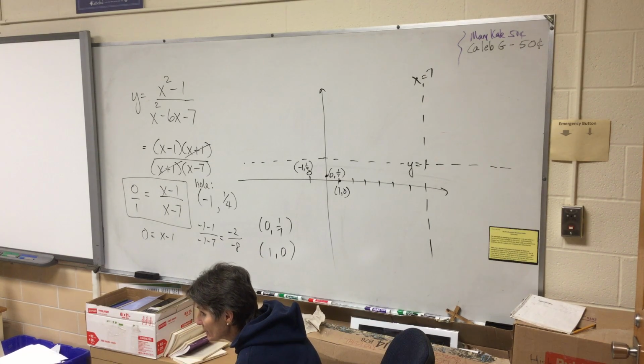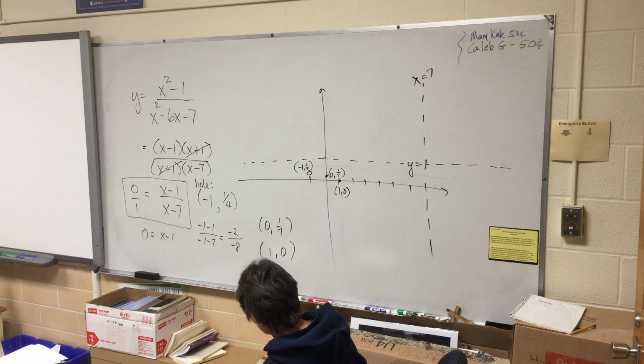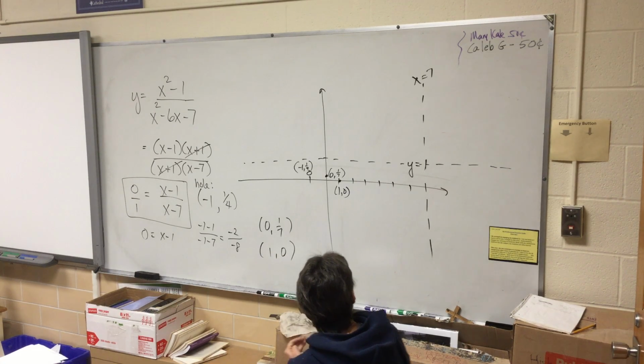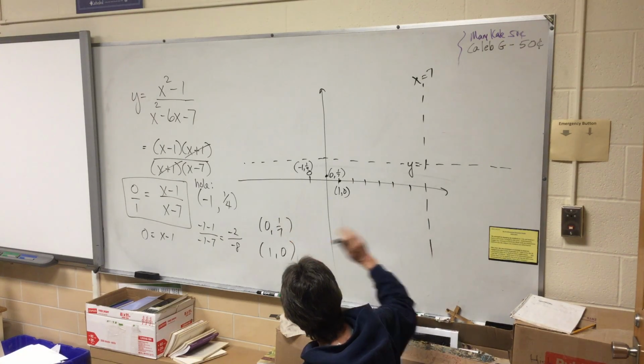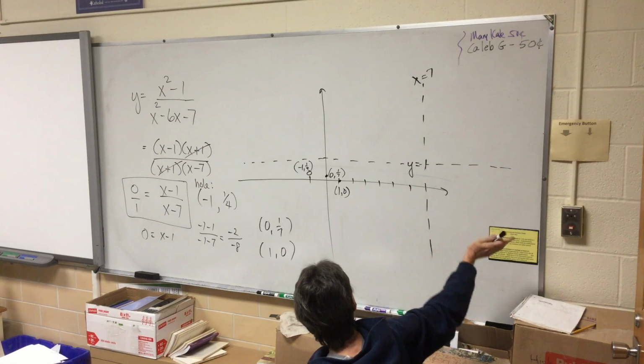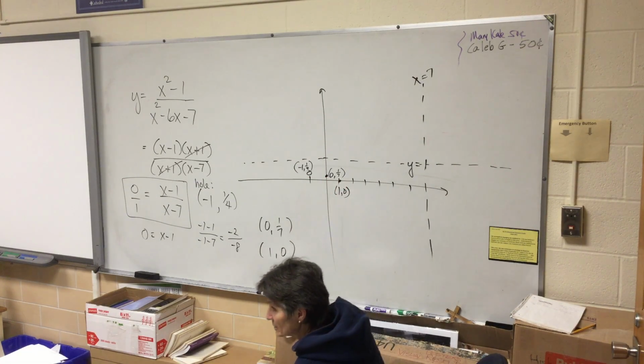Now, on the basis of that, can you connect the dots? Can you get a picture out of that? Your vertical asymptote is the divider, so you got to graph something on the left side of it and something on the right side of it. See these points right here?